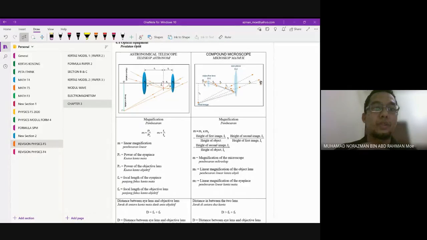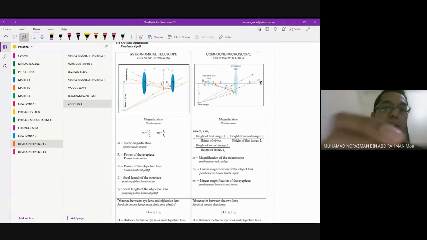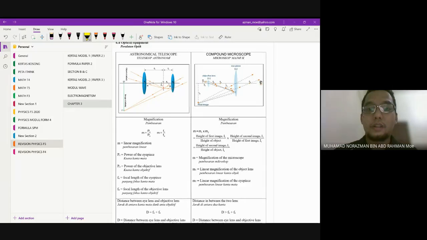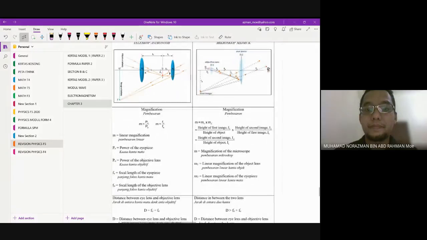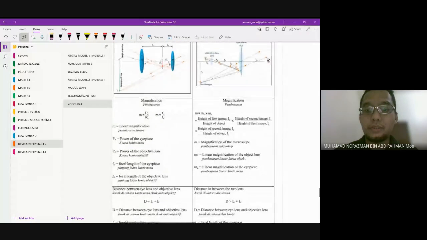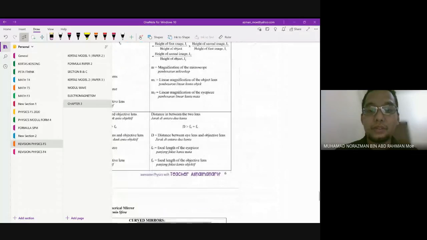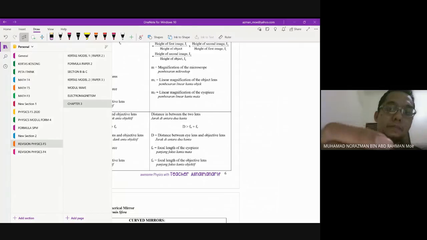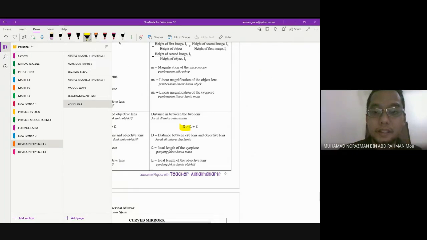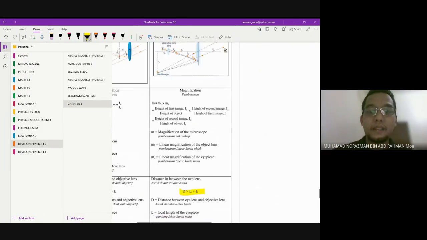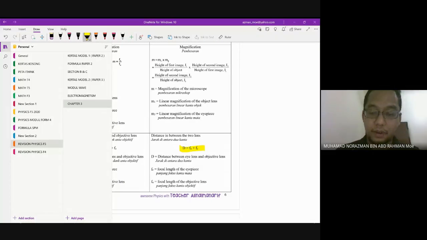Next, telescope and microscope. So, apa yang penting? What do you need to remember? Okay. So, remember, for microscope, cikgu buat microscope dulu. So, microscope, the distance between two lens ni is more than FO plus FE, focal length of objective lens plus focal length of eyepiece lens.